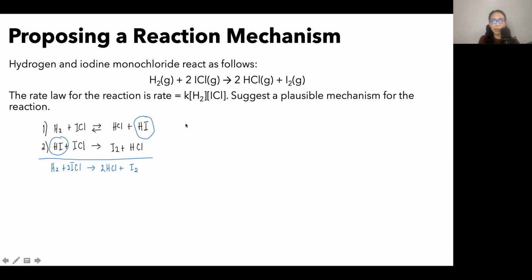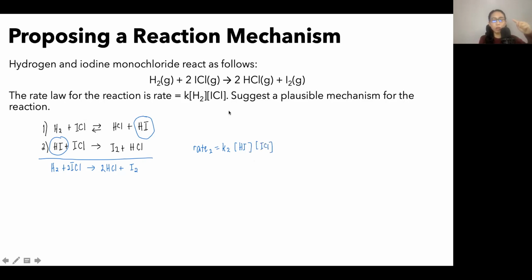So for the steady state approximation, because it centers on your intermediate, you will choose the step with an intermediate as your basis. And that is your second step. That's another hint, class.